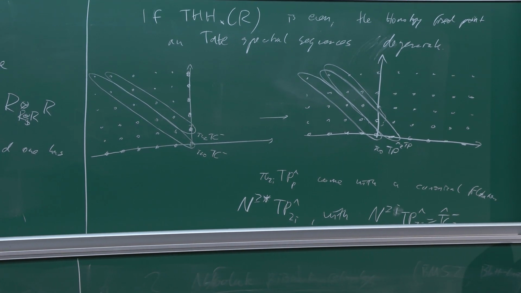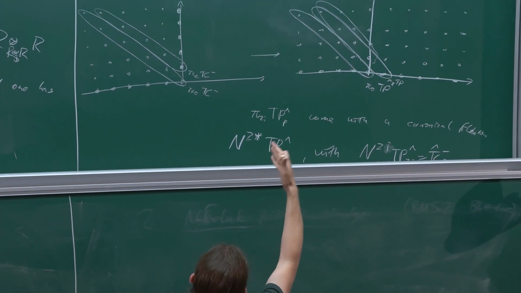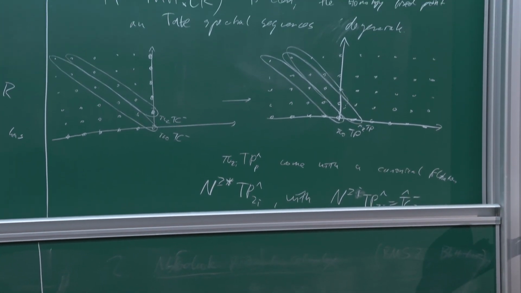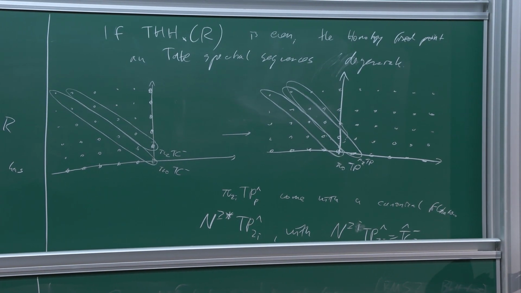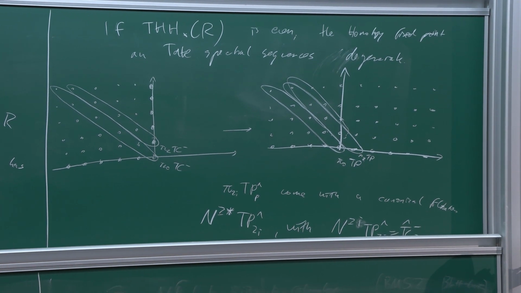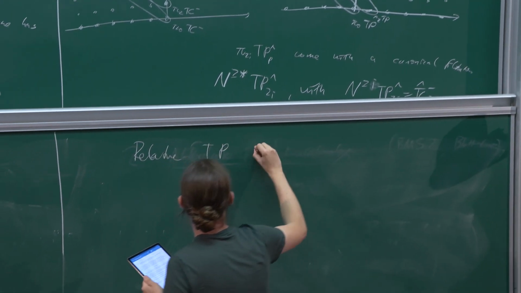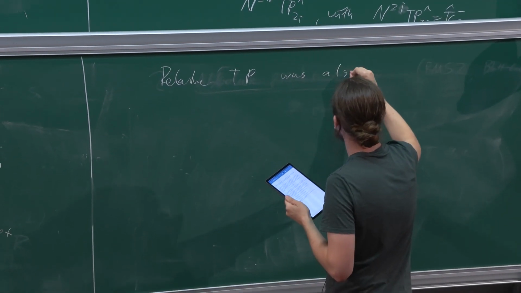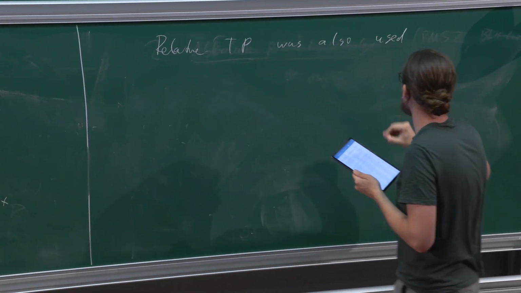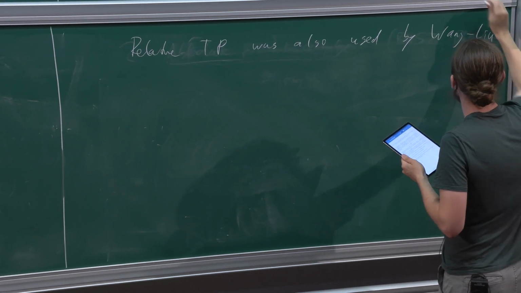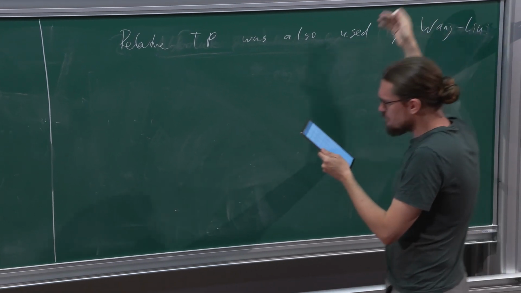And as a final observation, why we might want some kind of version of prismatic cohomology that doesn't force you to pick an Eisenstein polynomial in the beginning, observe that relative TP was also used in a pretty cool way by Wang and Liu.